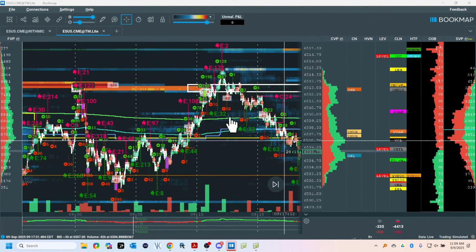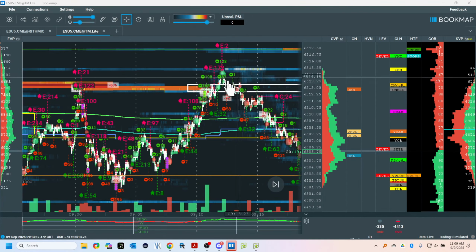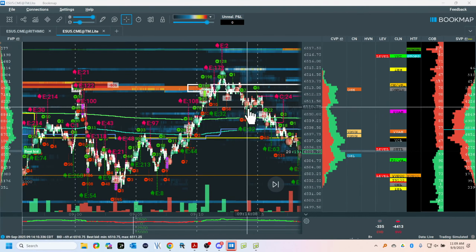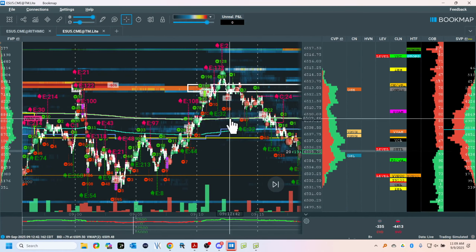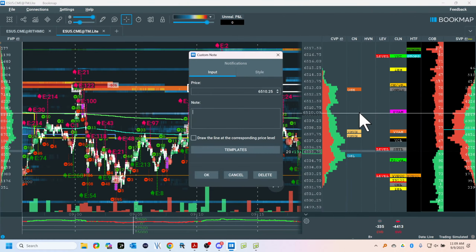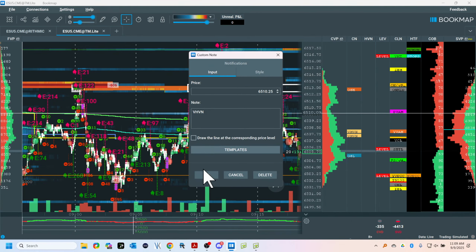Comes across. Right here, the trade's in trouble for me. So right here, I see this, and it's really got to hold this, right? Actually, I got to label this for you so you can see it. I call these variable high volume nodes, and they're just the position of the auction.